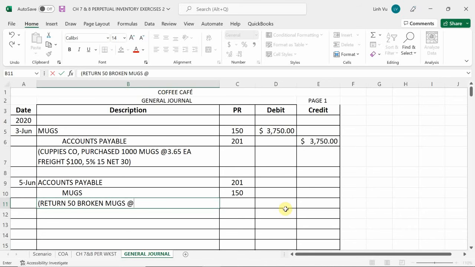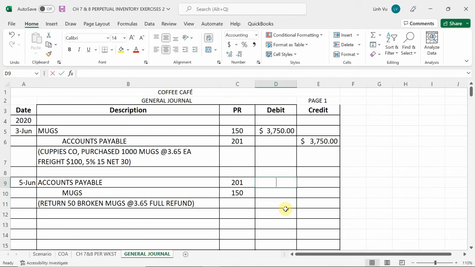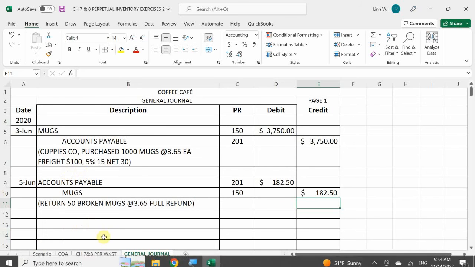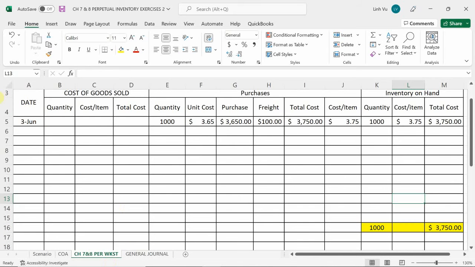And right now they're currently priced at $3.65 each. And then we're going to do a full refund. Okay? So in this case, 365 times 50 should give you $182.50 refund. Okay? And now let's go ahead and plug that into my inventory worksheet. So how do I plug in this? Okay?